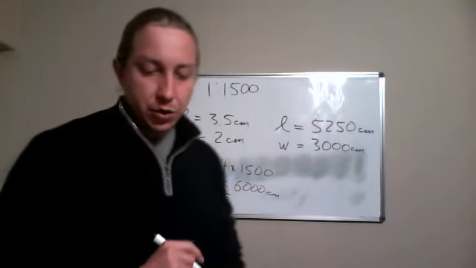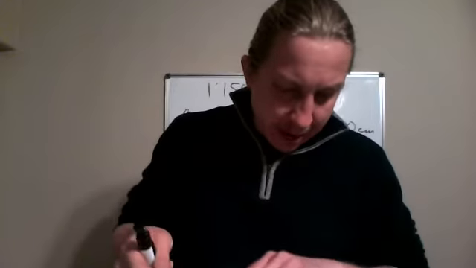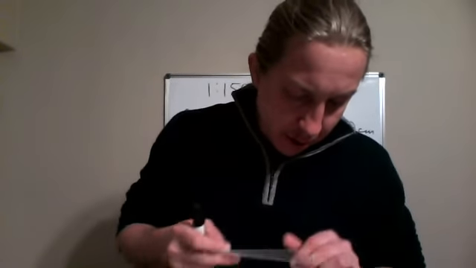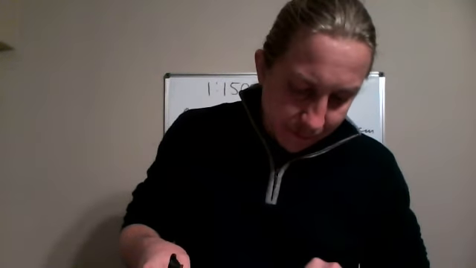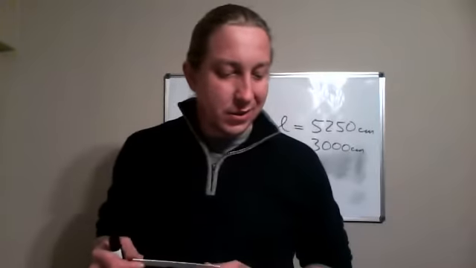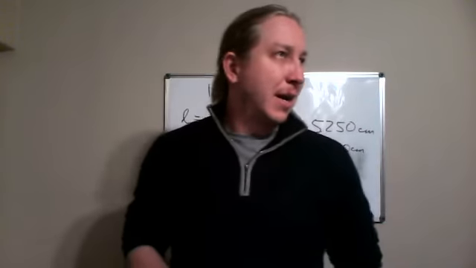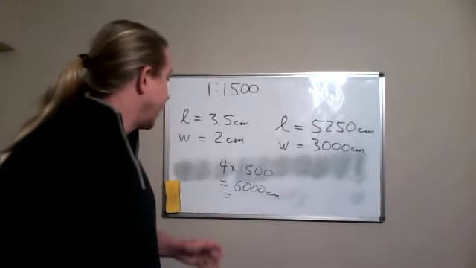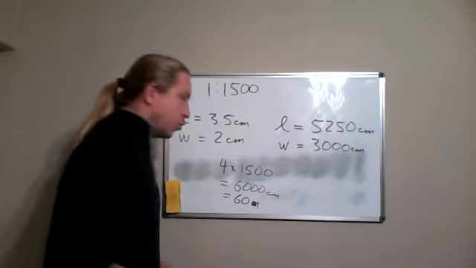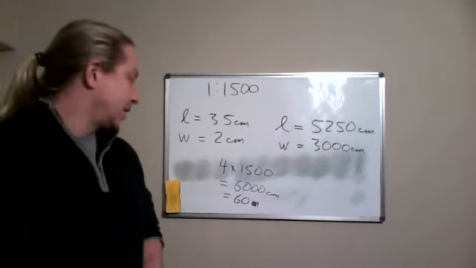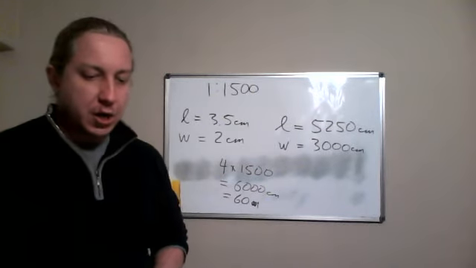That sounds way too excessive. I don't know if they've given us the correct dimensions, because the scale looks way too big. For 1 centimeter to be 1500 centimeters on the ground, I don't know, unless this is a ginormous house where your kitchen and dining room area is 60 meters, so that's 30 meters each.